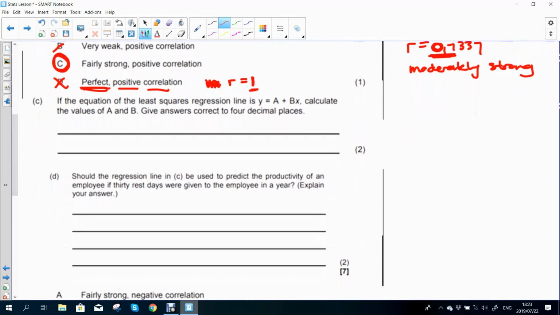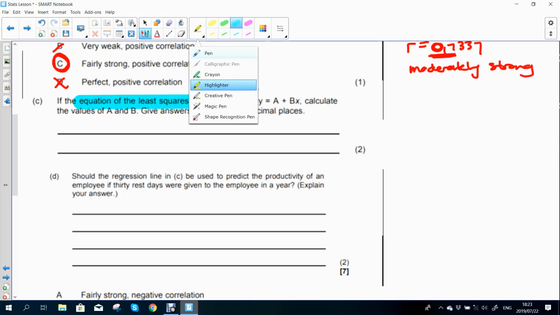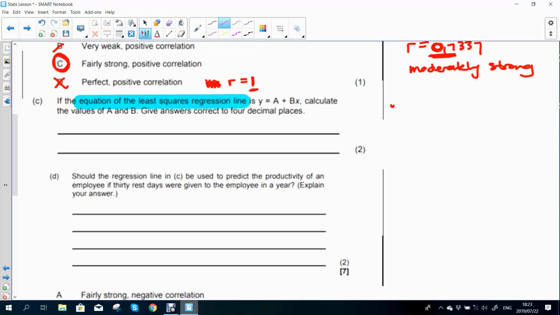Then in number C, if the equation of the least squares, okay, let me just try and highlight this maybe. We'll use a highlighter. The equation of the least squares regression line. Yo, that's a mouthful. So what is that? So the equation of least squares.